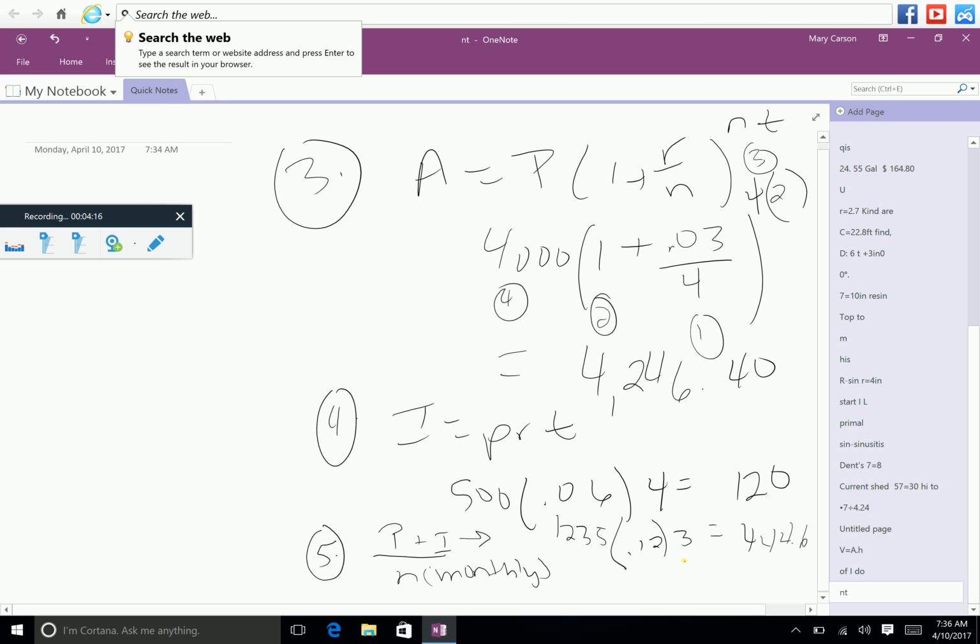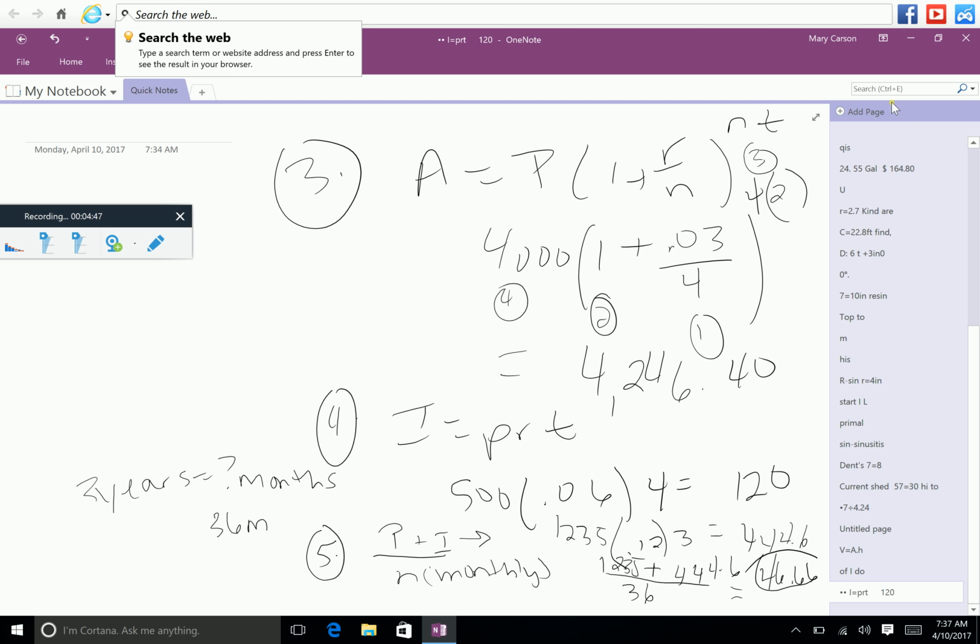Then you add that to your P, which is 1235, and 3 years is how many months? Well, it would be 36 months, right? So divide by 36, and you should end up with $46.66 as your answer for number 5.